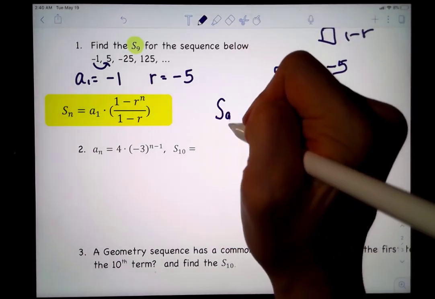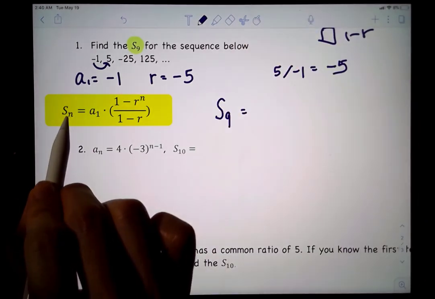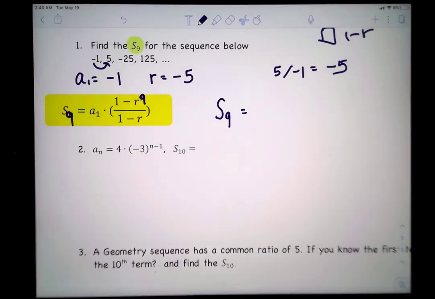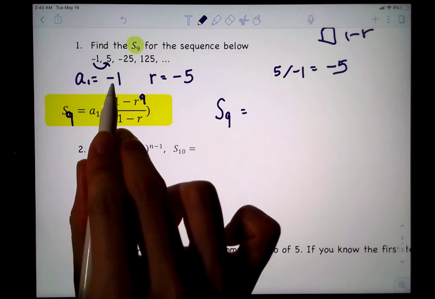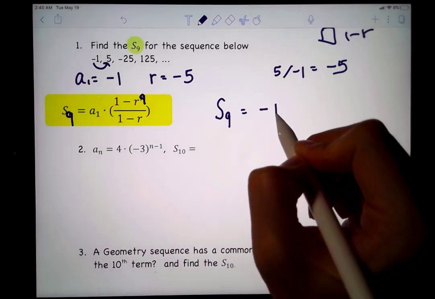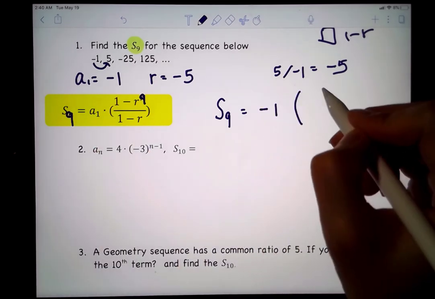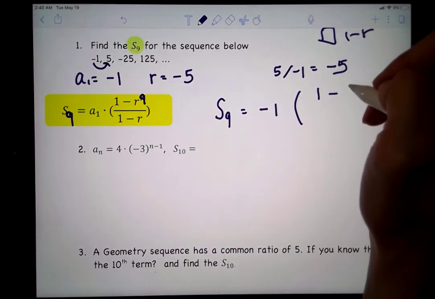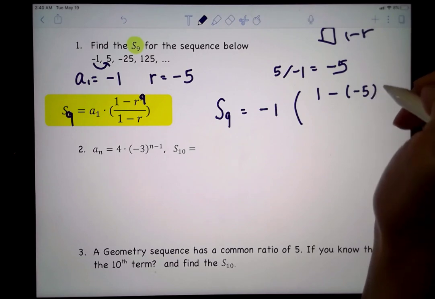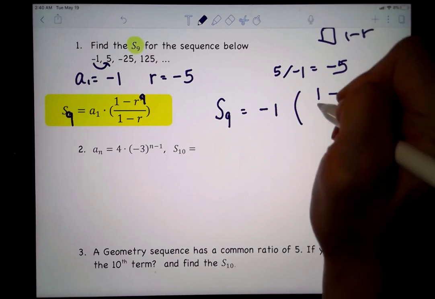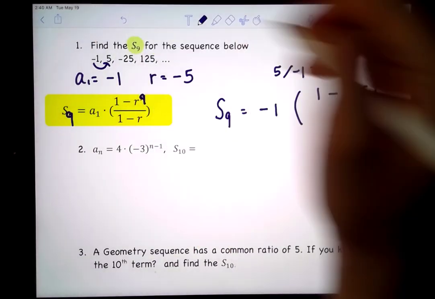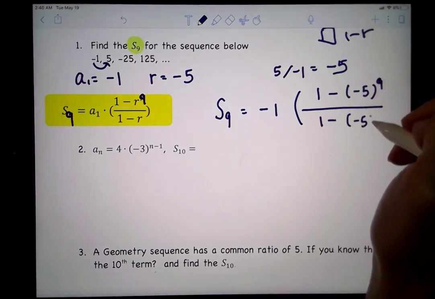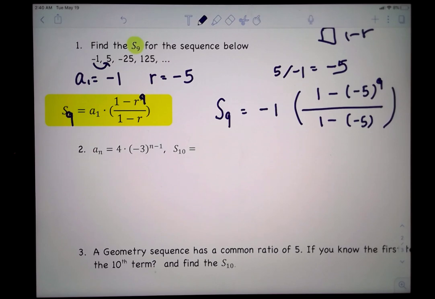Instead of n, I'm going to use 9. So this will be 9 and 9. My A1 is -1. So -1, parentheses, 1 minus my r, that's -5, so you put -5 to the 9, over 1 minus -5. Like this, right?